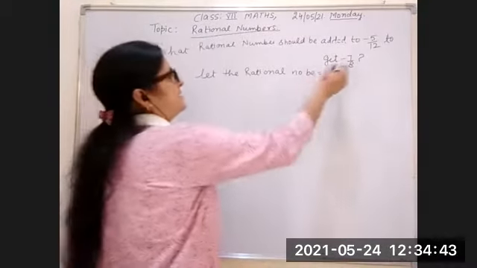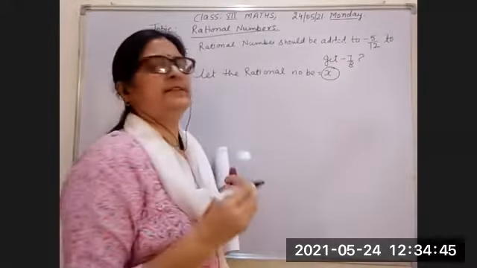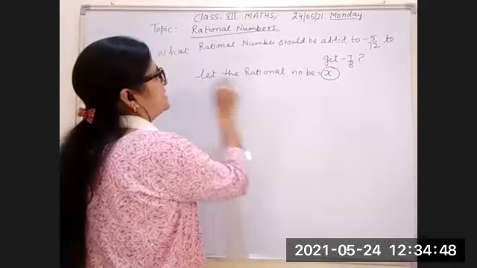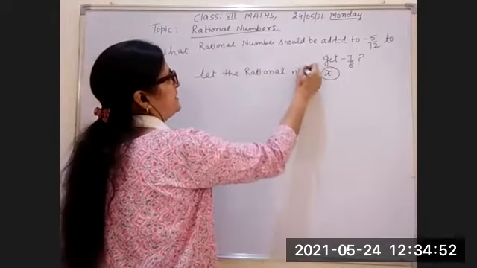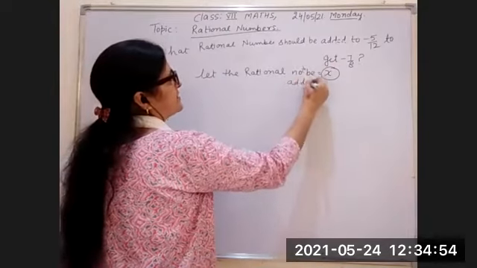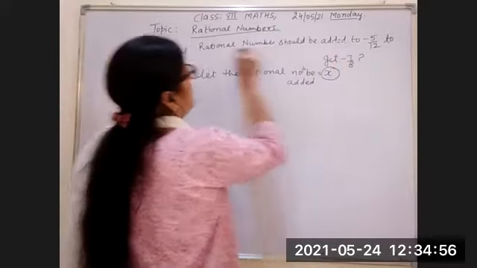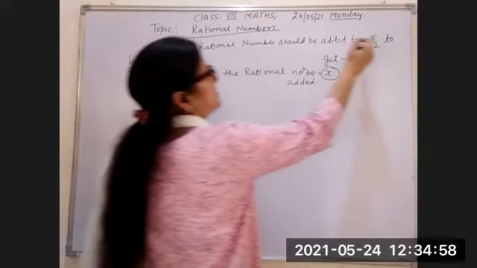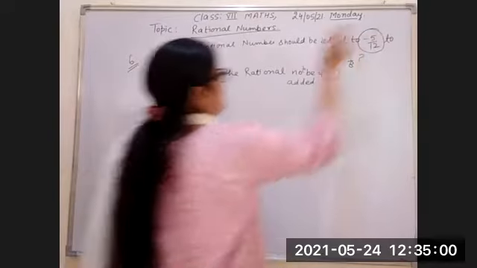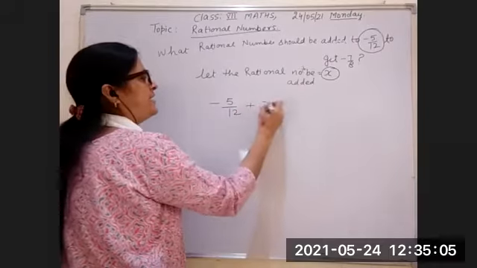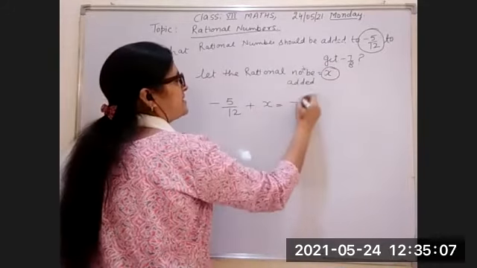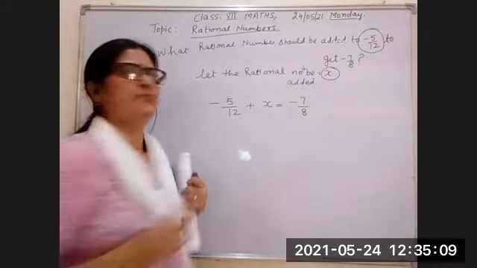So let the rational number to be added be x. Now, if I add x to minus 5 upon 12, then the result is minus 7 upon 8.